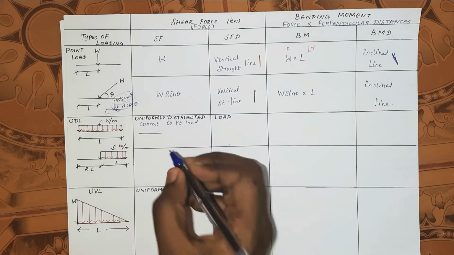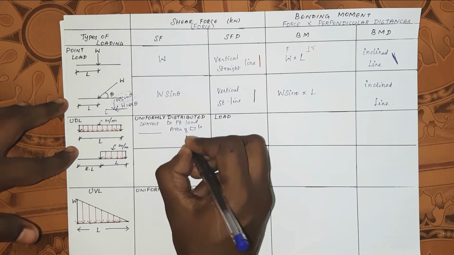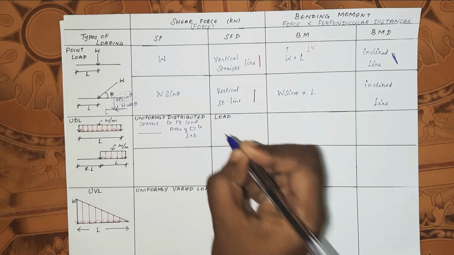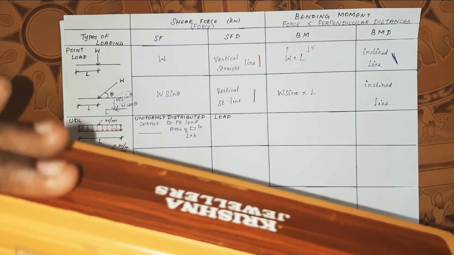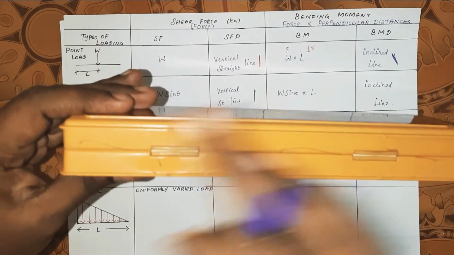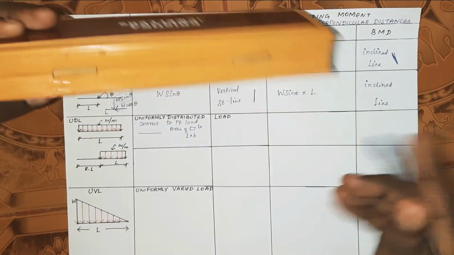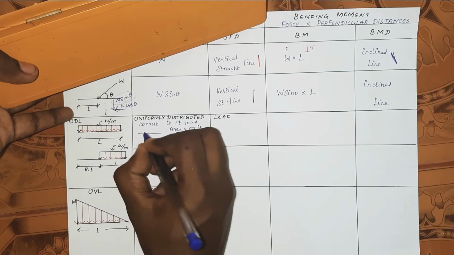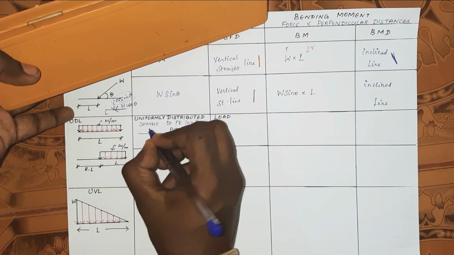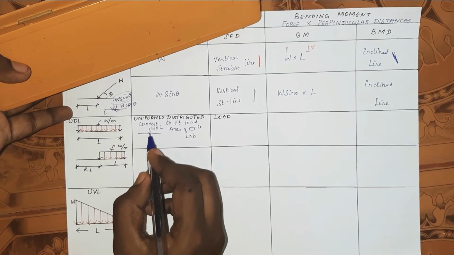What is the area of a rectangle? Area of a rectangle is length into breadth. Here this is the length, sorry, this is the length and this is the breadth. So the breadth value is W and the length value is L. So the load is W into L. We convert this UDL into a point load.